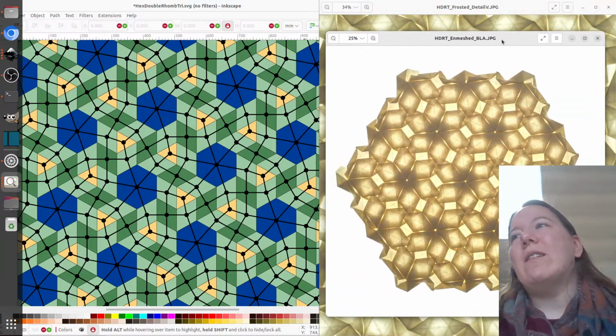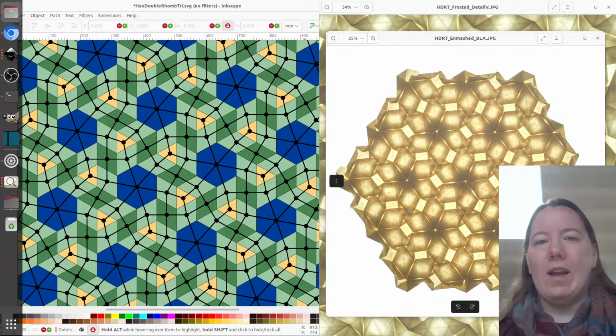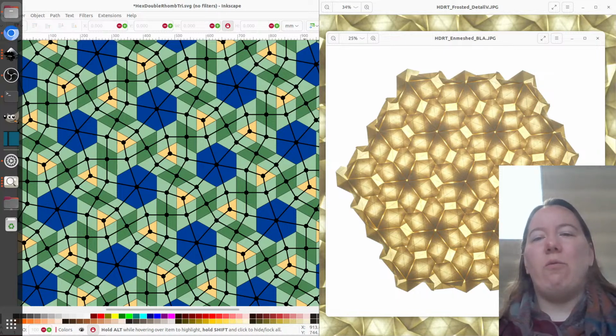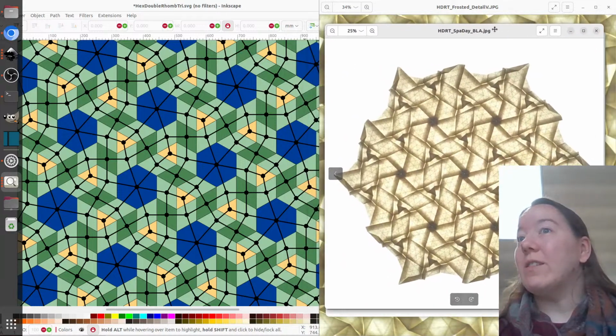So there's really a huge variety of different patterns that you can make with this tiling. And these are kind of just scratching the surface.